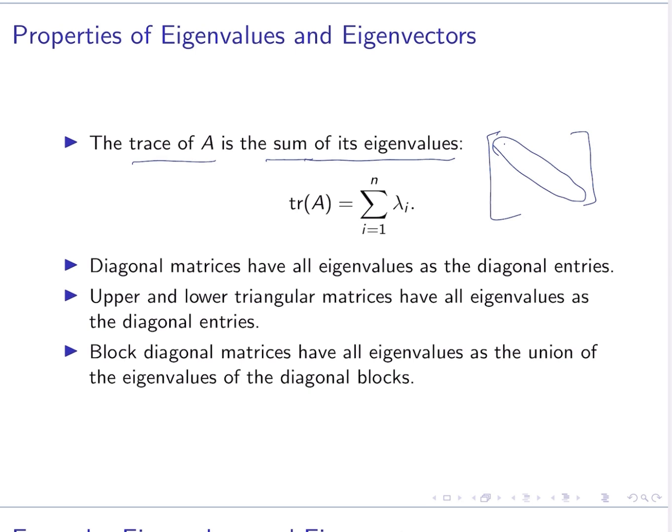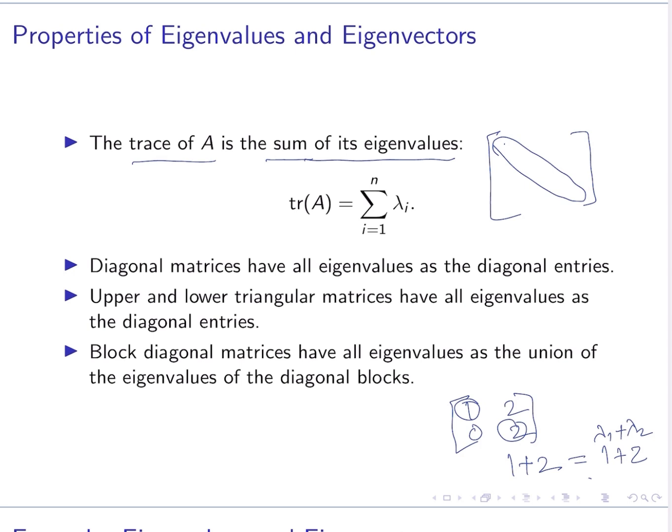Suppose you have a matrix with rows 1, 2 and 0, 2, then the trace is 1 plus 2, the diagonal entries. If you get the eigenvalues of this matrix, you will also get 1 and 2, lambda 1 and lambda 2. It's a simple case I'm taking here, which is the sum of these two.